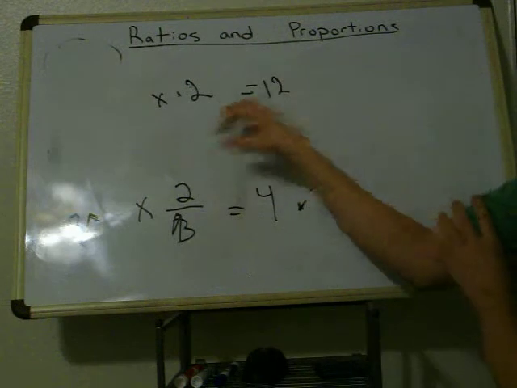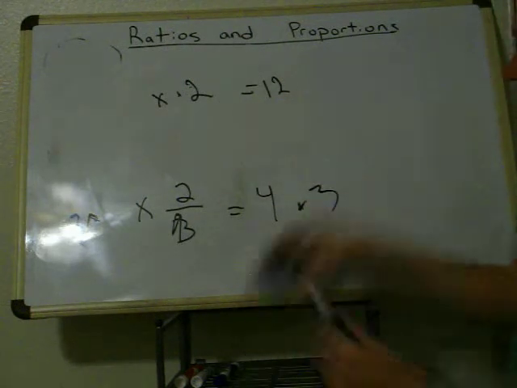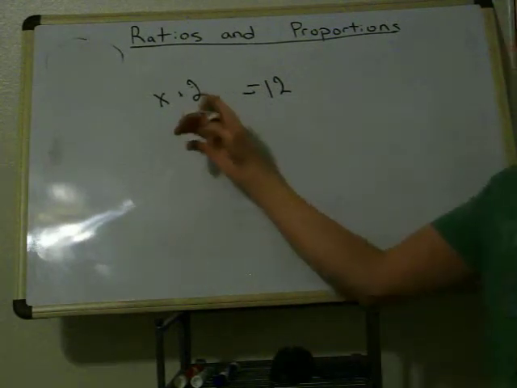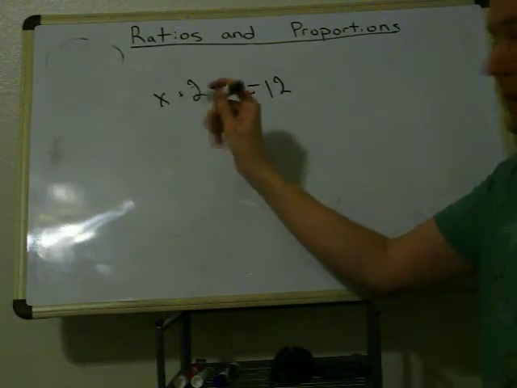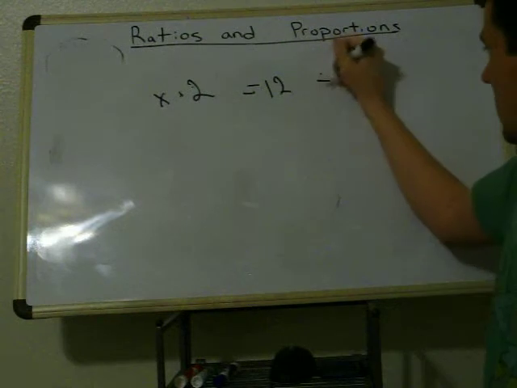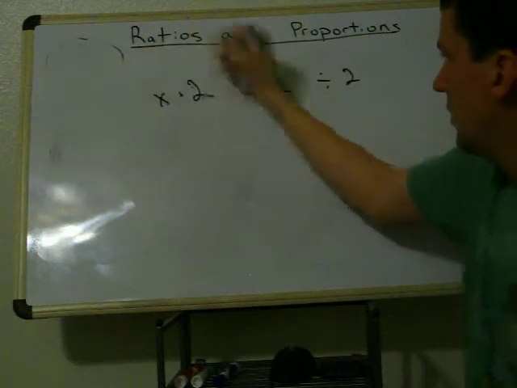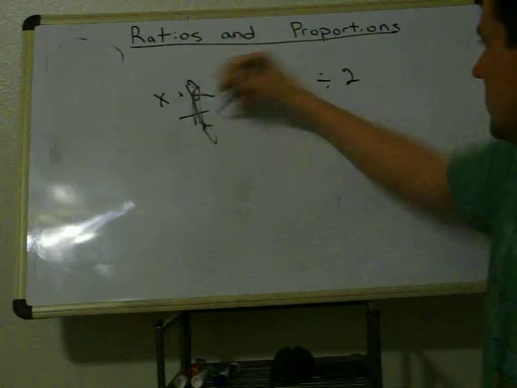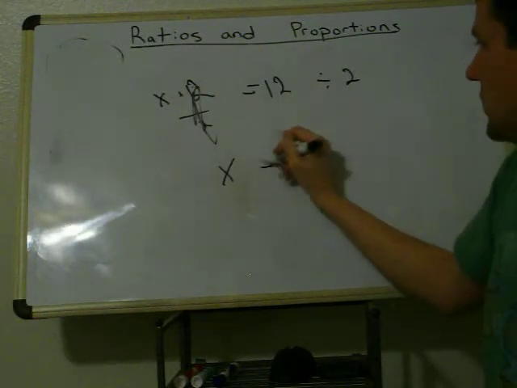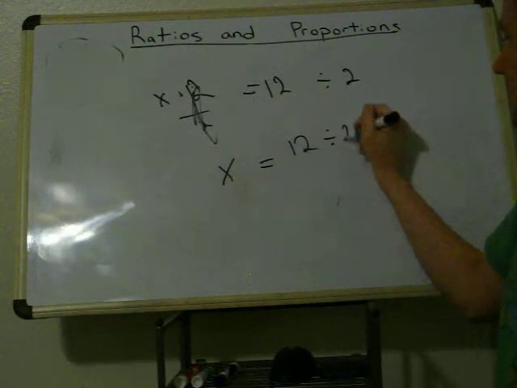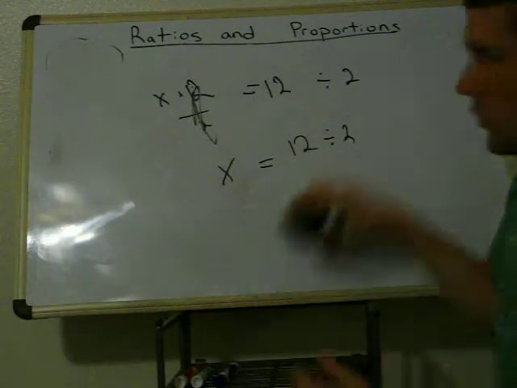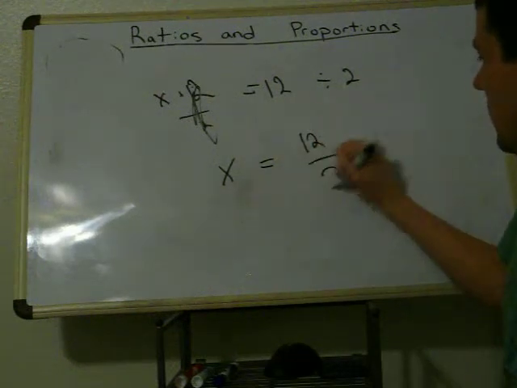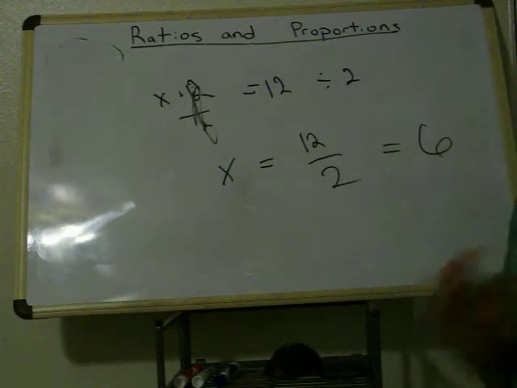So x times 2 is equal to 12. Now we just divide each side by 2. Our twos cancel out, so x is equal to 12 over 2, and that's equal to 6.